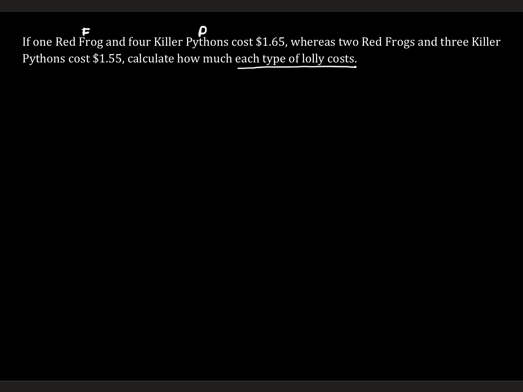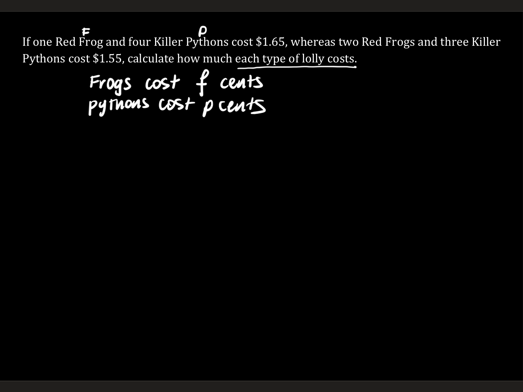So what do we say? We're going to say frogs cost, should we do dollars or cents? Let's do cents. F cents. Pythons cost P cents. Okay, we've defined our variables now.